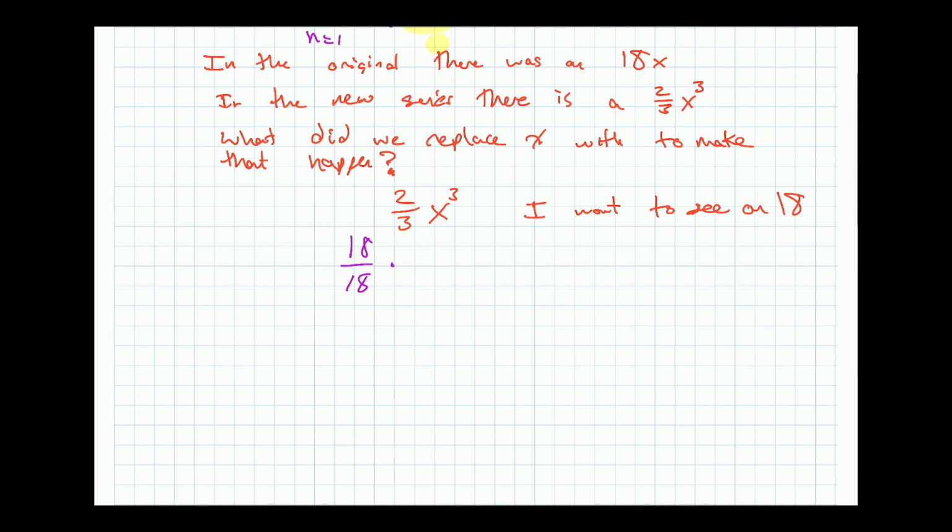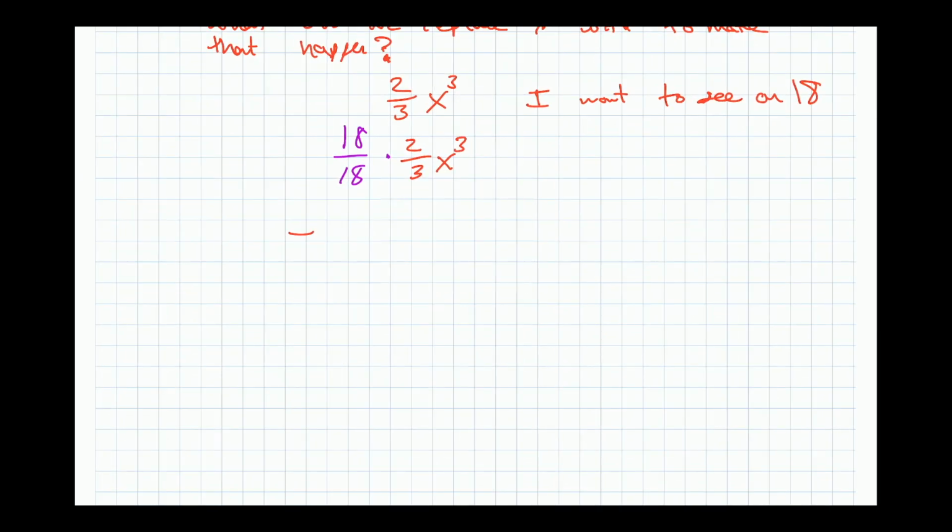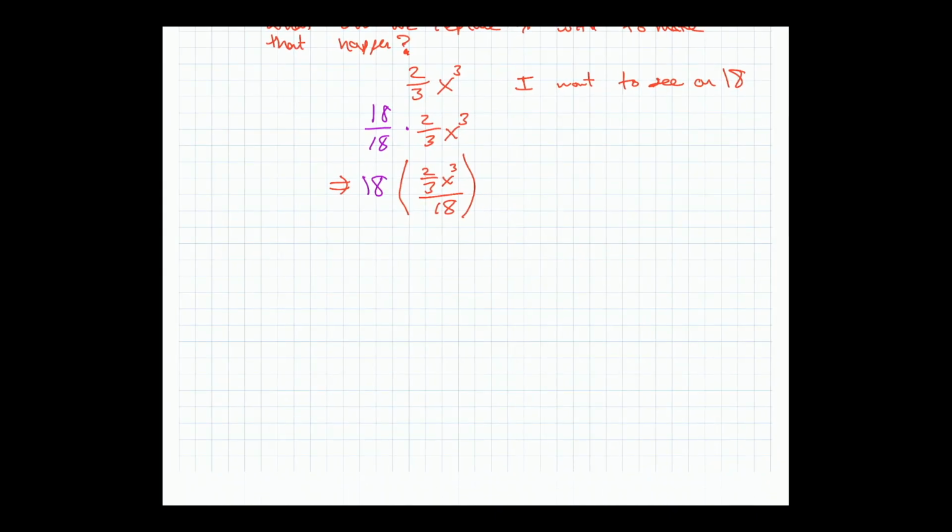Now, if I see an 18 there, I can take the 18 on the outside, and the 18 that's in the denominator, I can put with the other stuff: 2/3 x cubed over 18. So you see how I'm trying to make this look like the 18x? We're trying to make this look like the 18x.